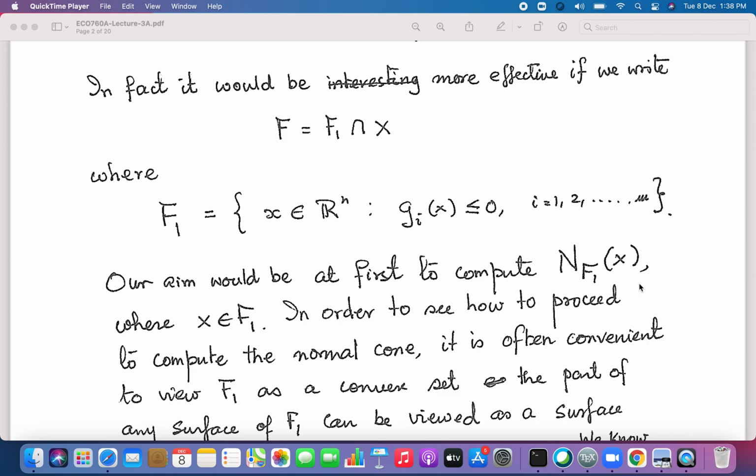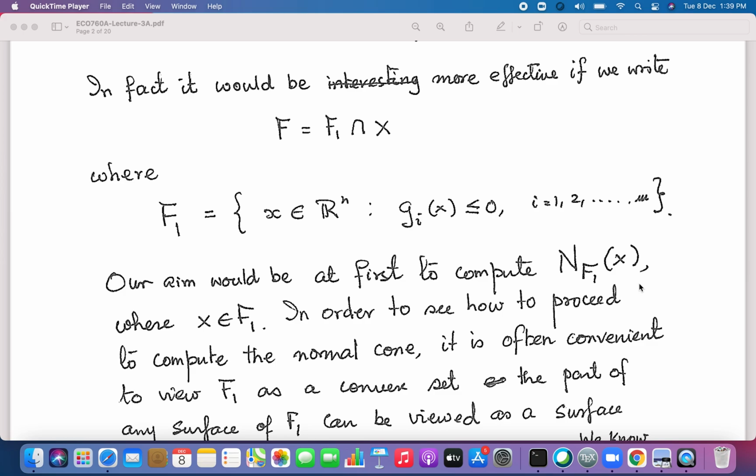Now you will later on see that the Karush-Kuhn-Tucker multipliers, or some kind of Lagrange multipliers, a term you have heard even when you did calculus, will turn out to be the key vectors which actually would generate the normal cone.